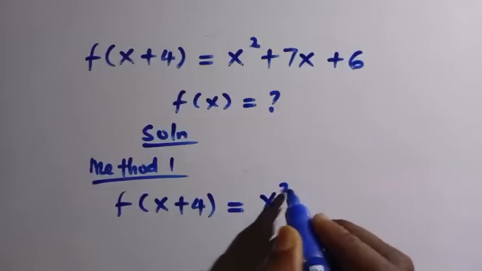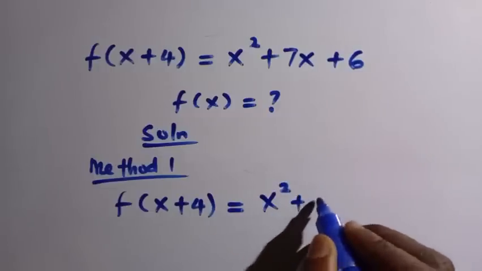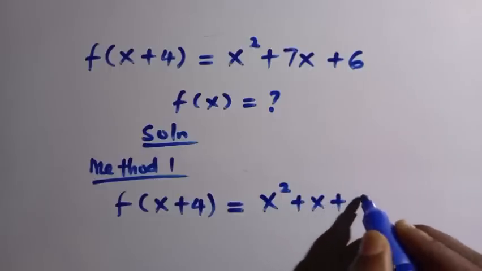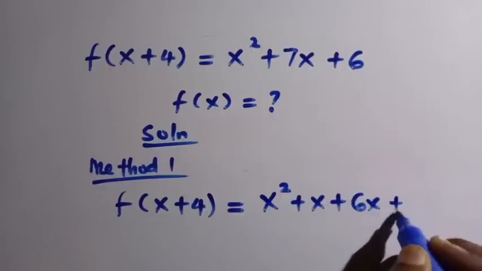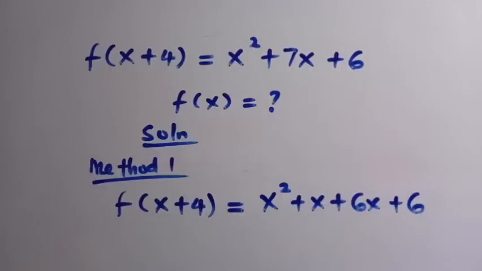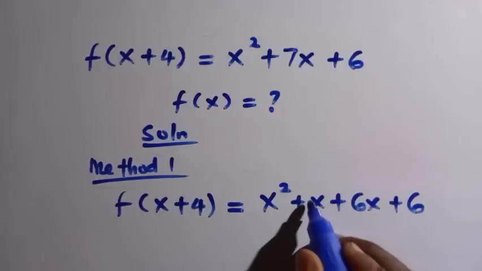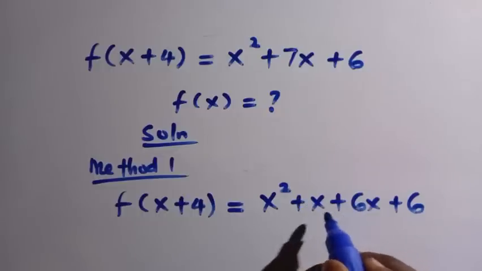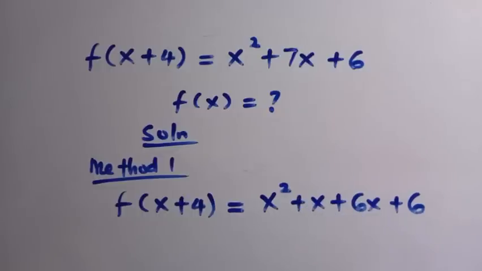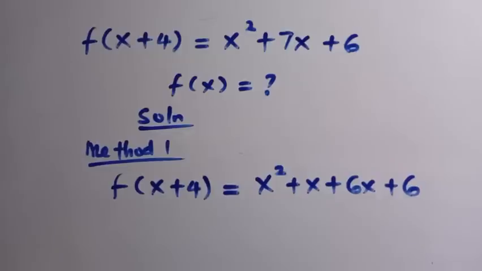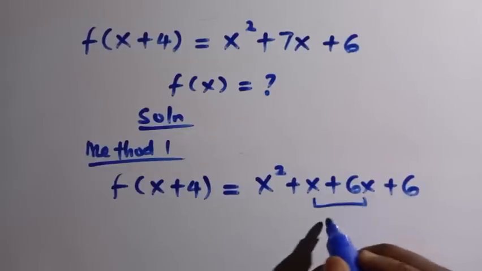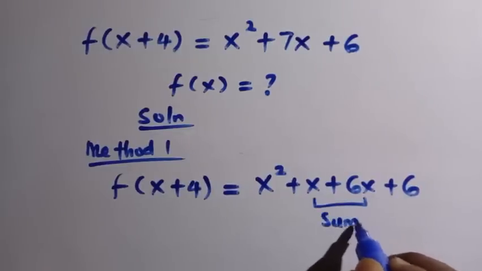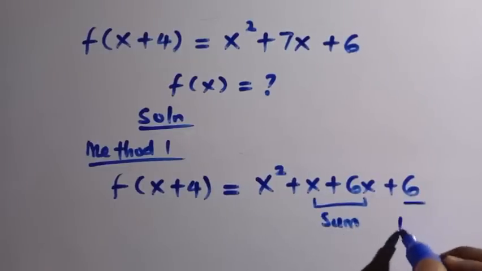So here we have x squared plus x plus 6x, and here is plus 6. Because here is just like 1, then 1 plus 6, that is 7, and 1 times 6, that is 6. So the product and the sum, they are equal. Here is sum, and this one is our product.